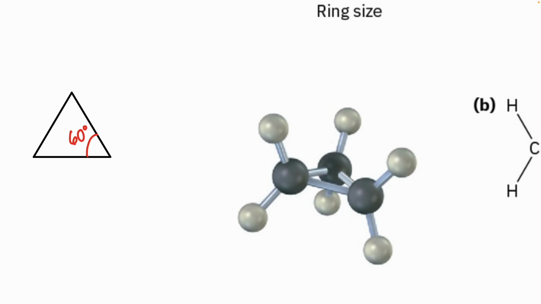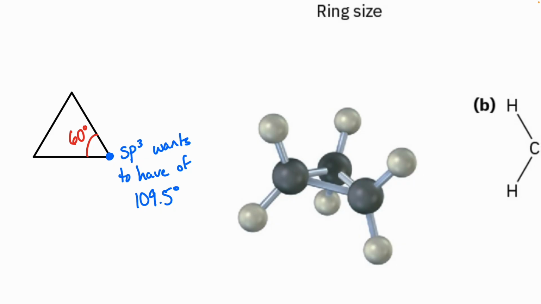But this sp3 hybridized carbon wants to have a bond angle of what? Does anybody remember the magic number for a tetrahedral carbon? 109.5. 120 was for trigonal planar, but close enough. Anyways, much bigger than 60 degrees, right?